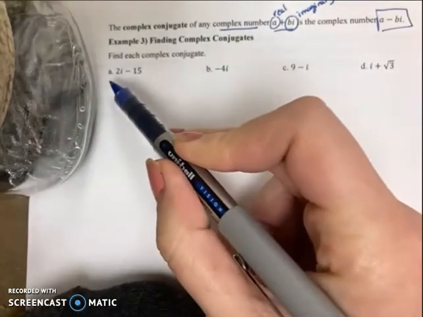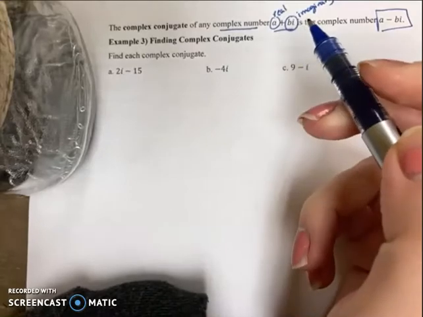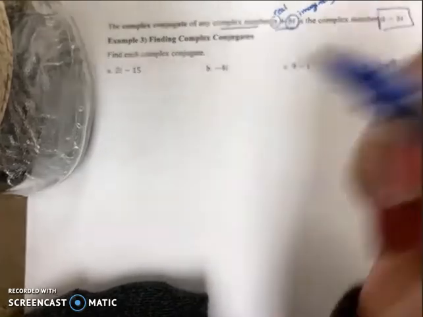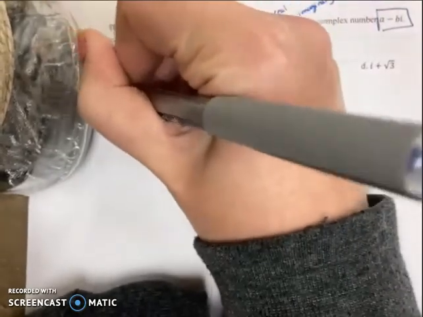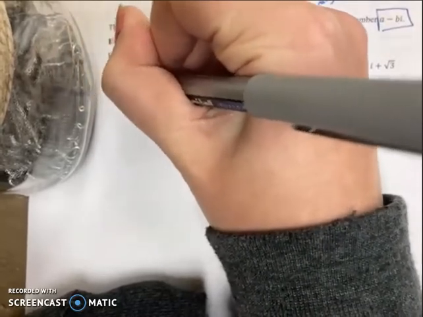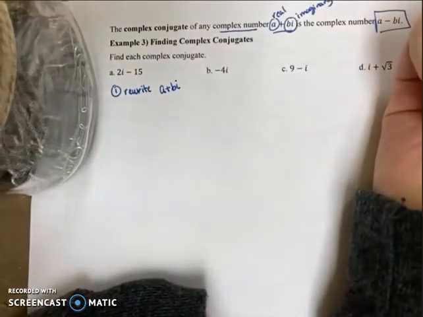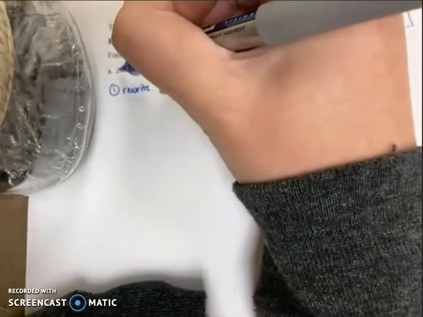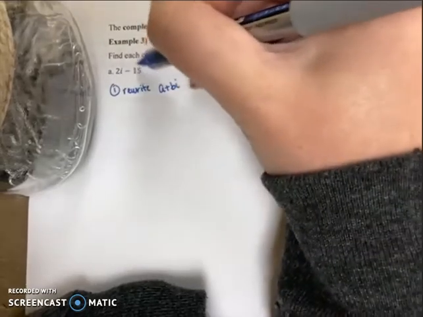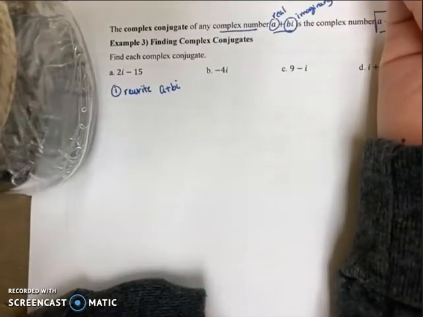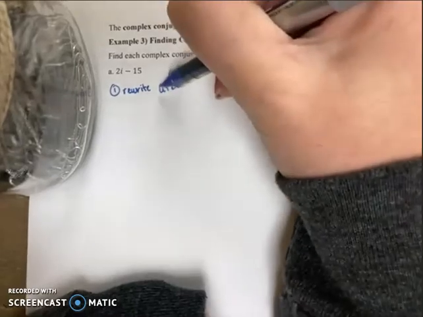Starting with part A. The first thing I'm going to have to do here is rewrite it as a plus bi. If you take a look at this, the imaginary unit is out front and the real number comes second, and that's not what it's supposed to look like. a is the real part.